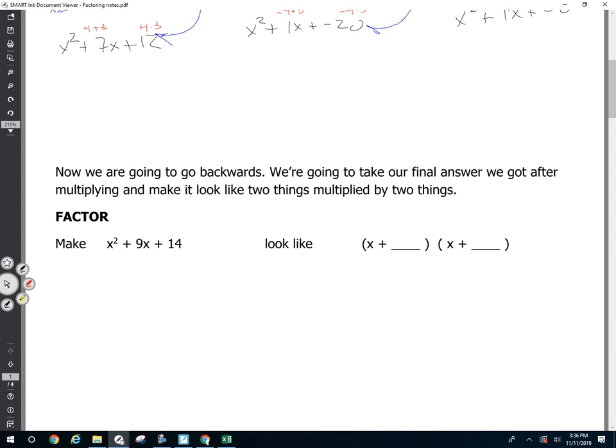We are going to go backwards. Going backwards in factoring is actually going to help us tremendously solve an equation like this, which we will get to next, but I'm not going to focus on the answers to this question yet. All I'm going to do is say, hey, make this look like the product of two different x plus things.